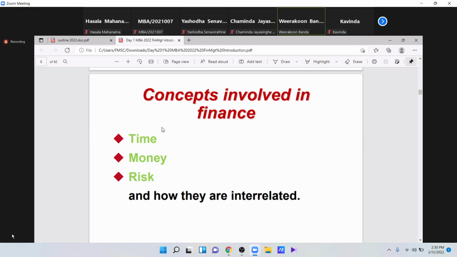As an investor, you can invest in the shares, and after one month, after 2 days, after 3 days, likewise, you can sell it to other people and recover your investment. So that also involves some time period. And then money: how much money you can put into that particular investment.